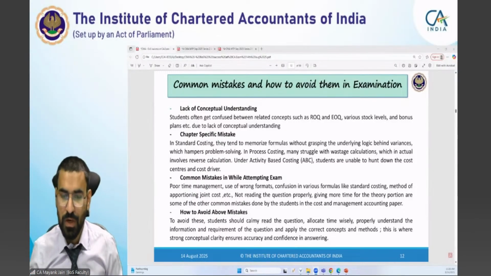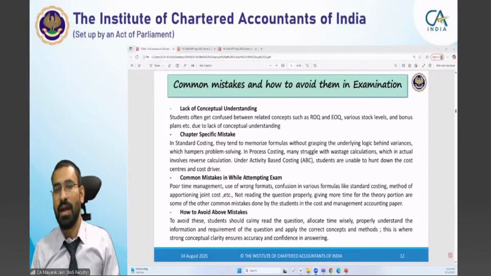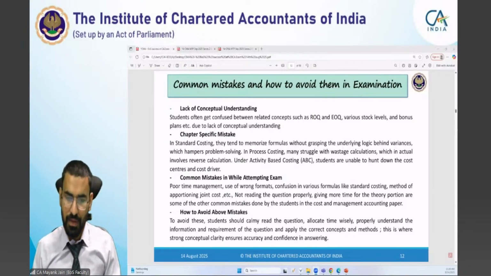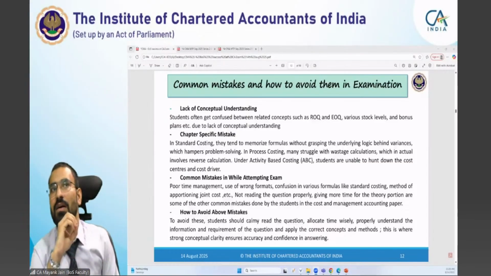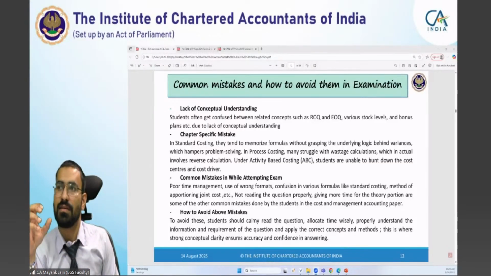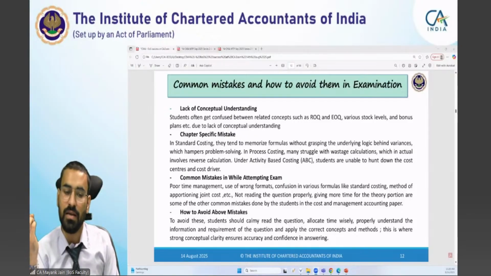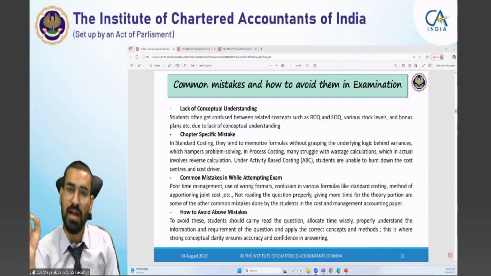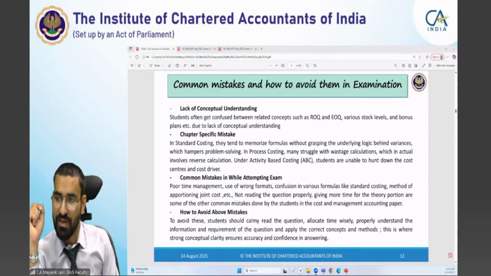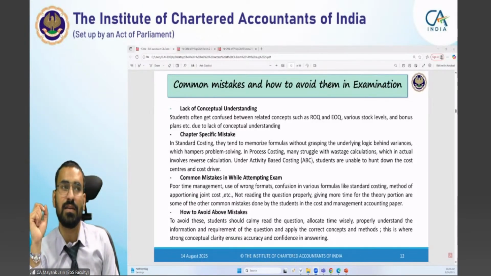Yes. So what are the common mistakes in the exam and how can you avoid them? So first thing is lack of conceptual understanding. Sometimes you know the answer, but you don't know how to attempt the answer. This is due to the lack of conceptual understanding. You have to understand the concept, and when you have a strong grip on the concept, you can answer any question.